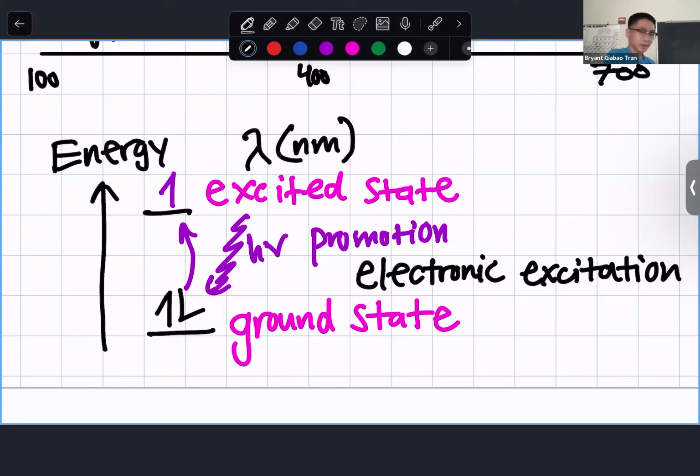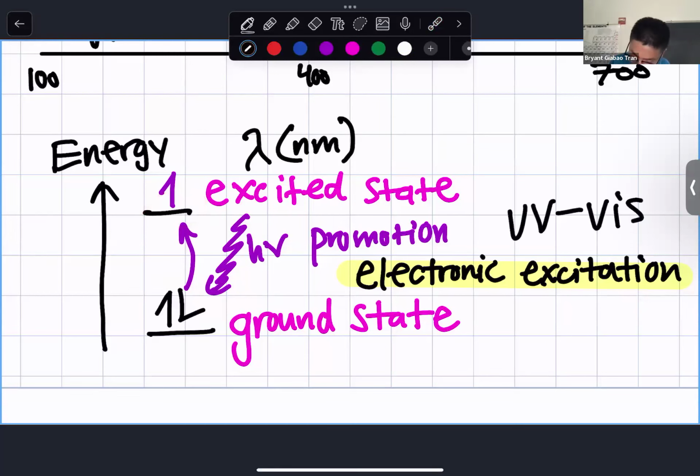For HNMR, that had to do with electron spin splitting, where we put a magnet through it and then it spins the electrons. But for UV-vis, this has to do with electron excitation, where we are exciting electrons to a higher energy orbital. So that is for UV-vis.